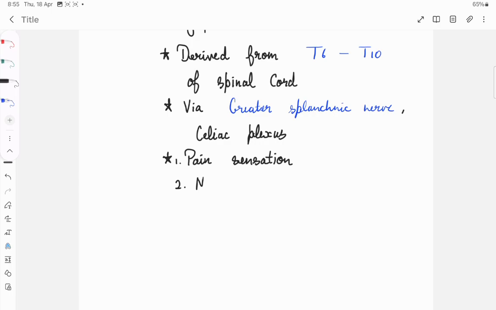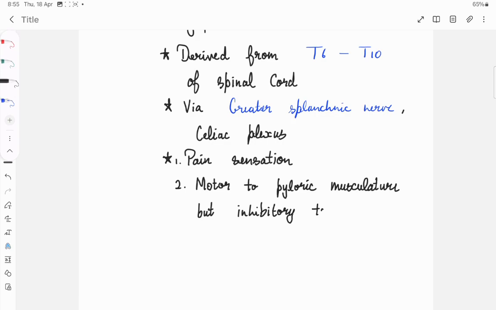Number one, and it is motor to the pyloric musculature, but inhibitory to the rest of the stomach musculature.